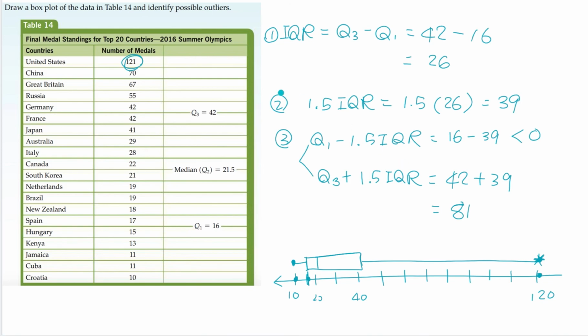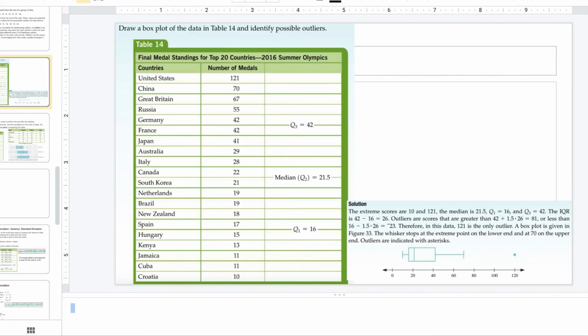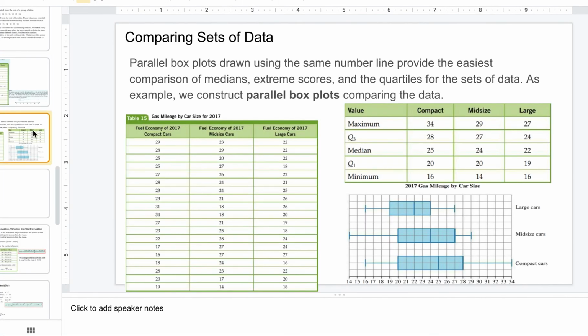Then we get to know that that value is the outlier. That's what it is, and I have one more thing to talk about before I close up. When you're comparing sets of data, not only one set but more than one, for example the fuel economy of 2017 compact cars, medium-sized cars and large cars, you're going to compare the fuel economy, maybe the gas mileage.